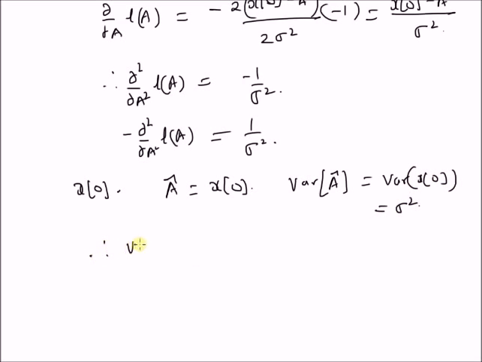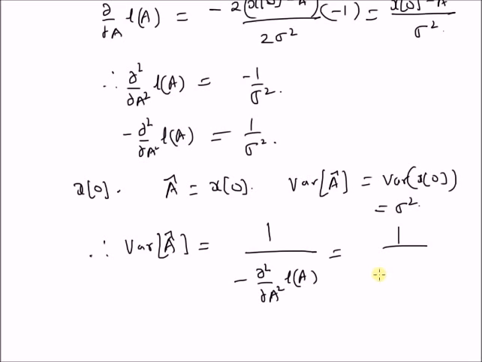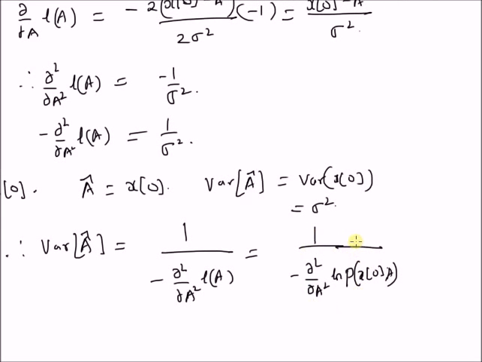Therefore, for a single observation, the variance of A hat is equal to 1 by minus the second derivative of the log likelihood function, which is 1 by minus d squared by dA squared of the logarithm of the probability density function at x[0]. So for a single observation, the variance of the estimator is equal to the inverse of the negative second derivative of the log likelihood function.